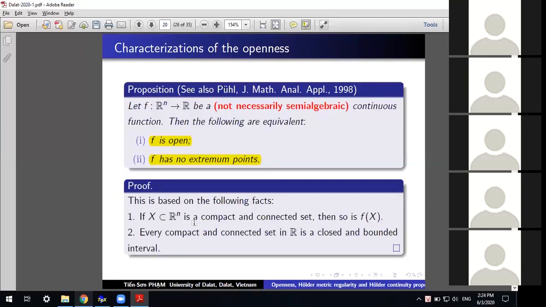The first, if S is a compact and connected set in R^n, and because F is continuous, then F(S) is also compact and connected. The second fact, each compact and connected set in R is a closed and bounded interval. Then using the two facts, we can get this proposition.